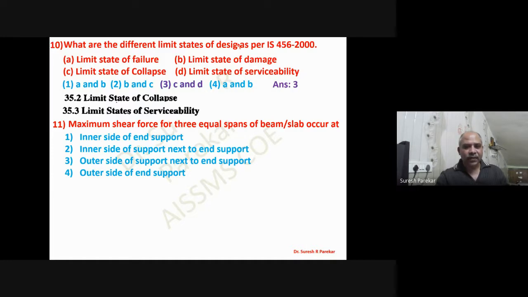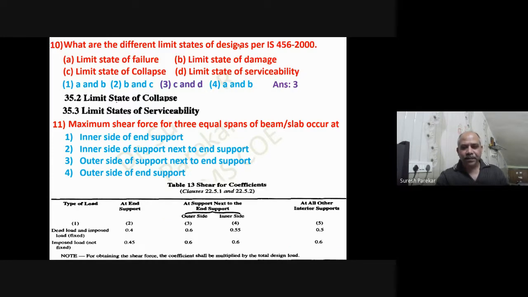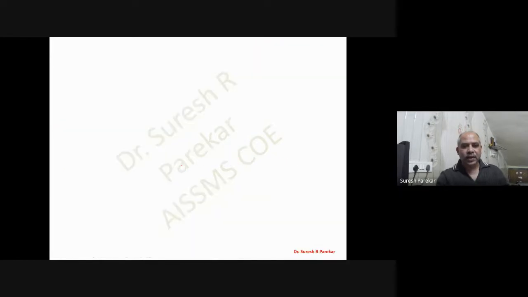So we have actually this table, and in this table, maximum, if we see, we have this value that is 0.66. So here we have 0.66, and this is outer side of support next to the end support. So the option we have is 3.